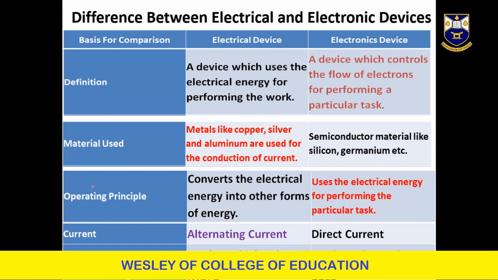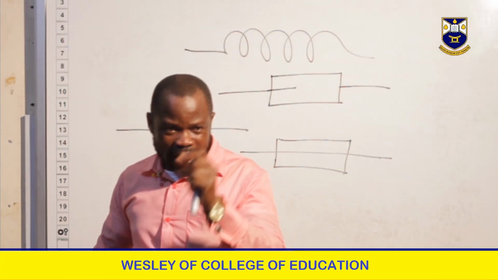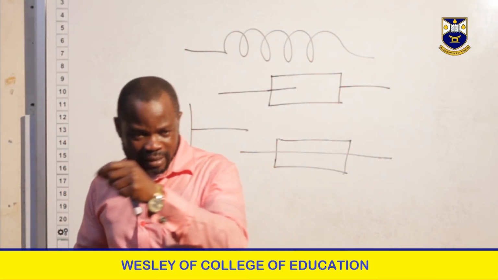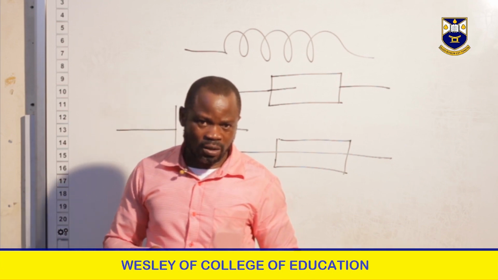So even if you are charging your phone, you plug your charger into an outlet to charge your phone. The charger is converting the alternating current to direct current, which the phone will use.